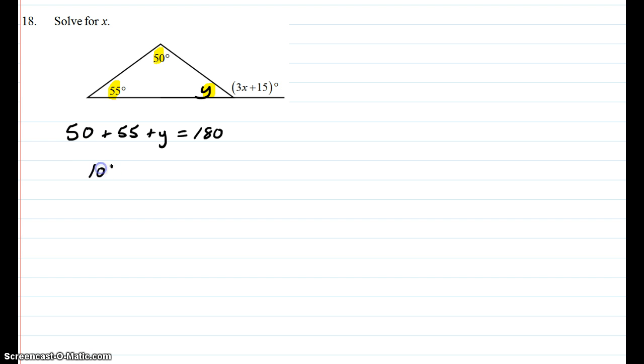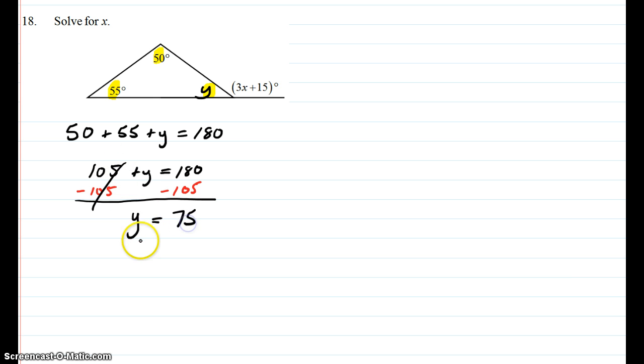That gives me 105 plus Y equals 180. Now we minus 105 from both sides, and so now we know that Y is equal to 75.